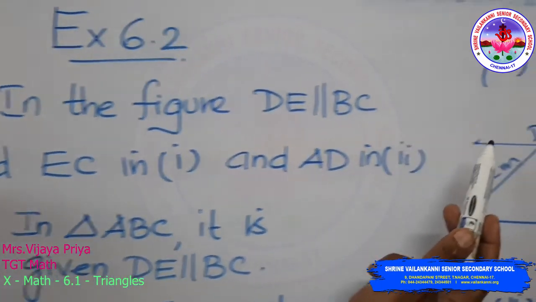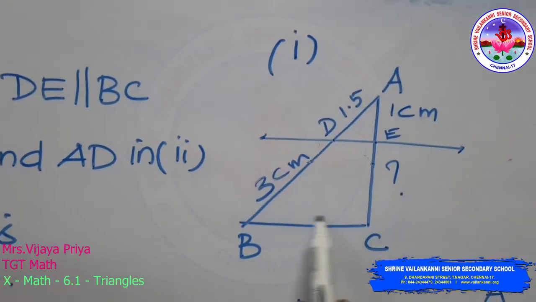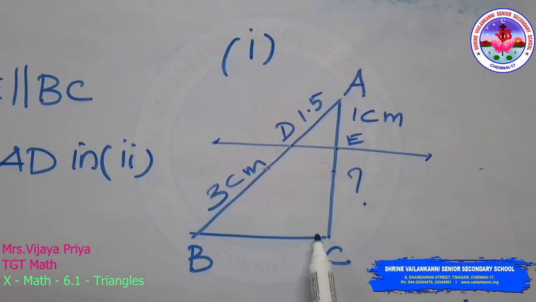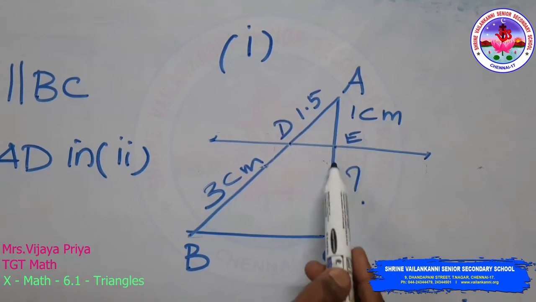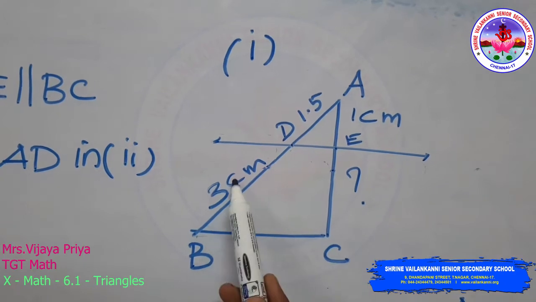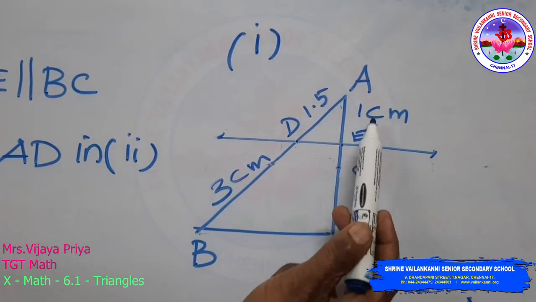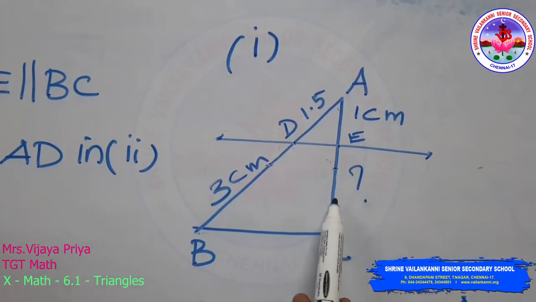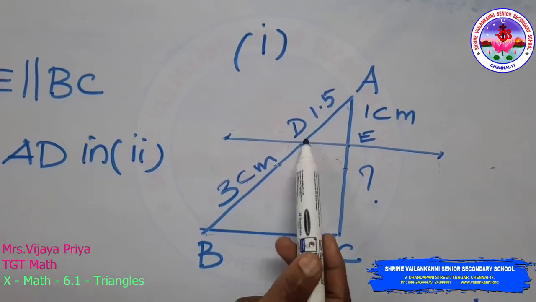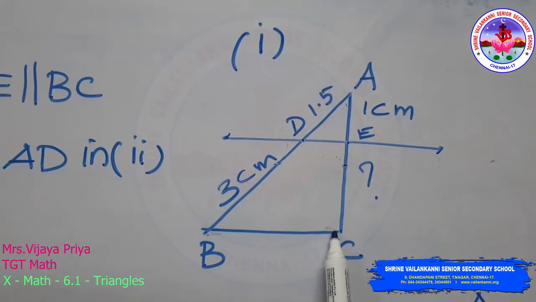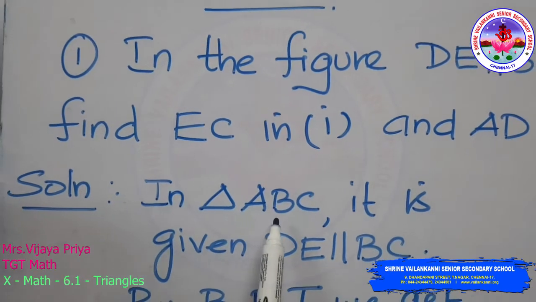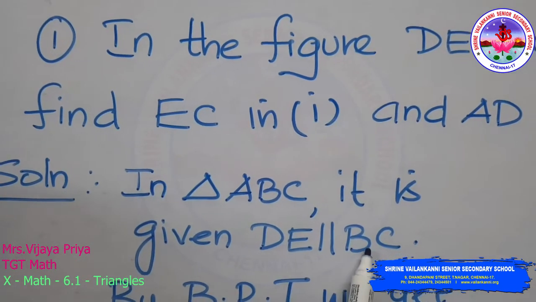So let us consider the first figure. In triangle ABC, it is given that DE is parallel to BC.